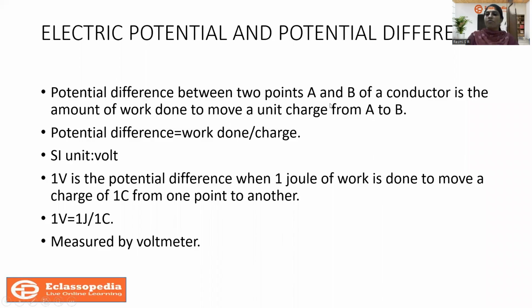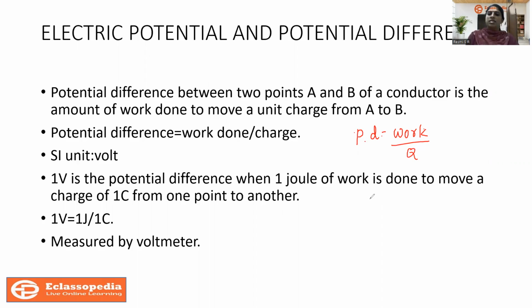So, potential difference is the amount of work done to move a single charge from one point of the conductor to another point. Potential difference is usually expressed in volt. Potential difference is equal to the amount of work done to move a single charge from one point to another.